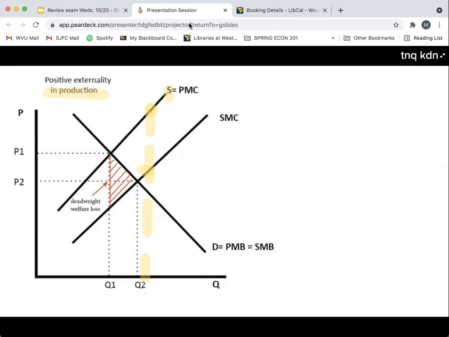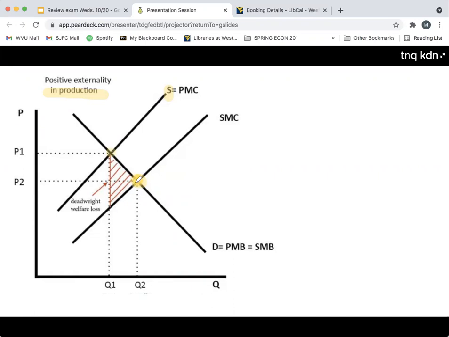But because we're trading at that private cost, once again, we're going to be up here rather than on this social marginal cost curve. So if we want to see the deadweight loss associated with this positive externality during the production process, like I said, optimally, everybody would be so much happier and better off at this social marginal cost and social marginal benefit cross right here. But because we're a free market and we're looking at where private parties can trade and create these transactions, we're going to be up here.